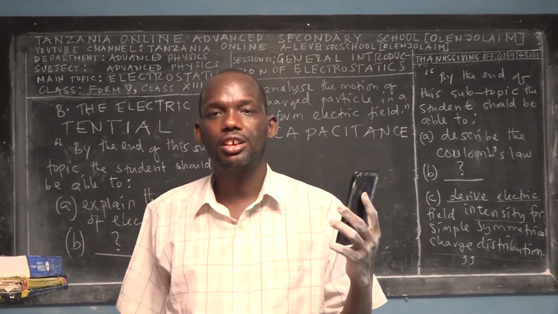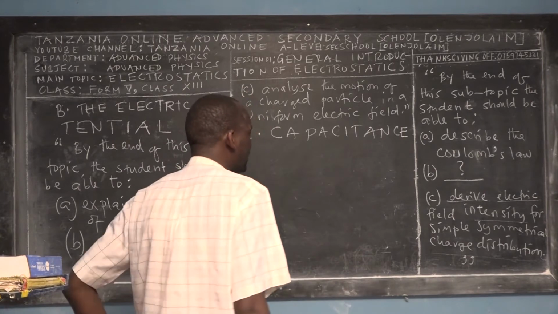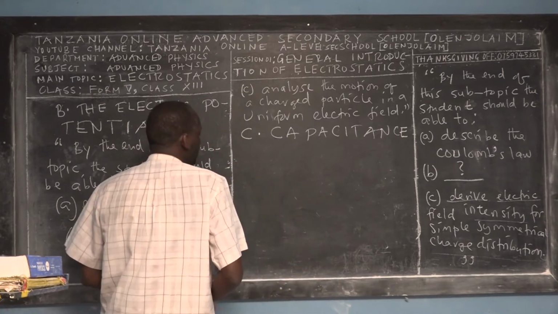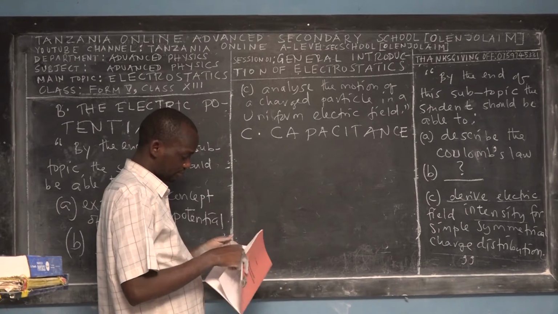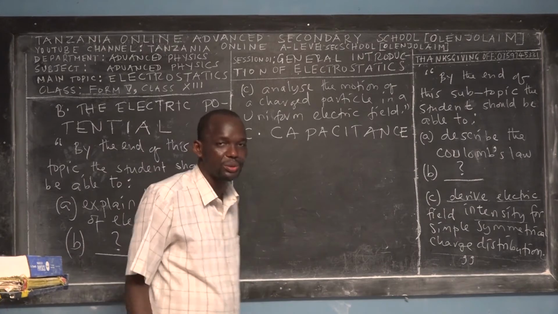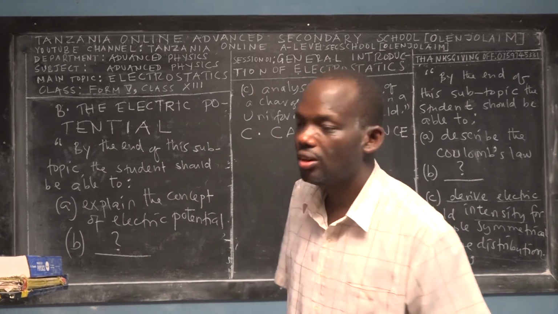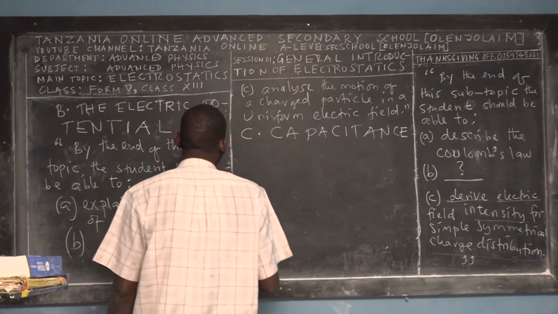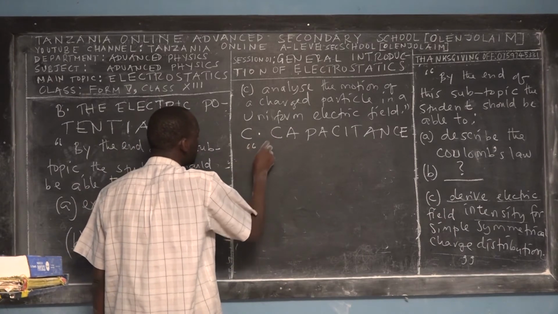Those capacitors, we discuss them in the form of what? In the form of capacitance. So this is one of the longest topics. Even the syllabus states that there are 5 specific objectives that the students have to achieve at the end of this topic. Okay?